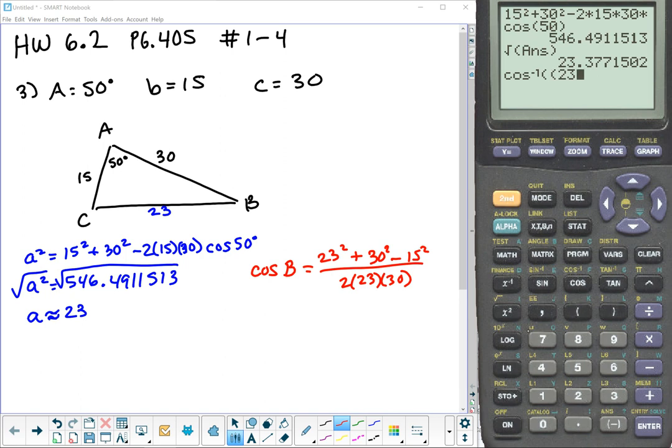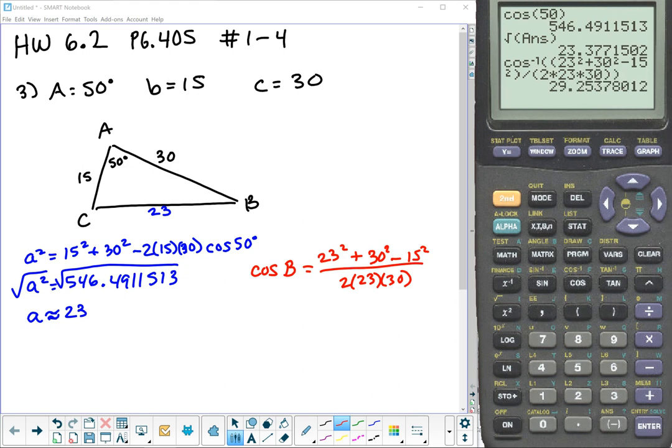So this is going to be 23 squared plus 30 squared minus 15 squared. Close that off, divided by parentheses 2 times 23 times 30. Close it, close it. This gives me 29.2, so I'm going to say angle B is about 29 degrees.